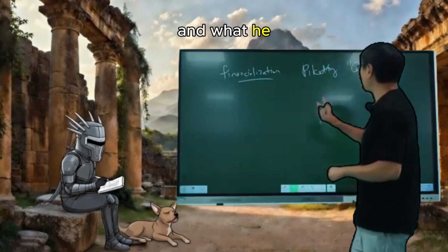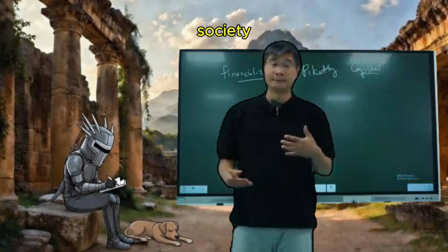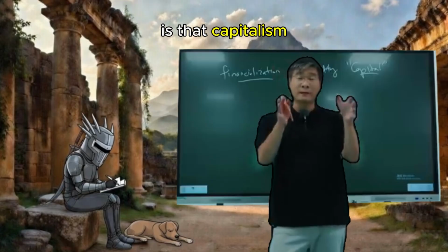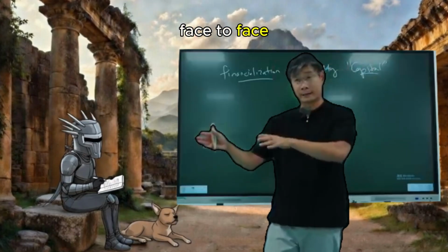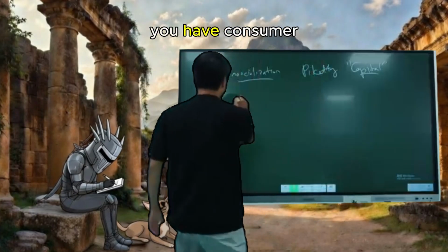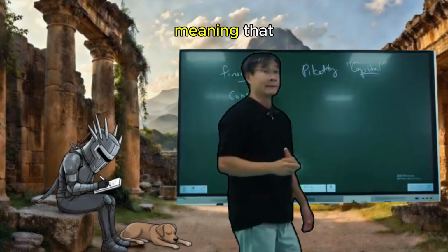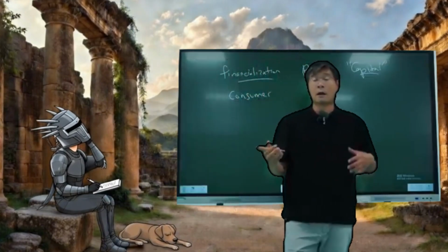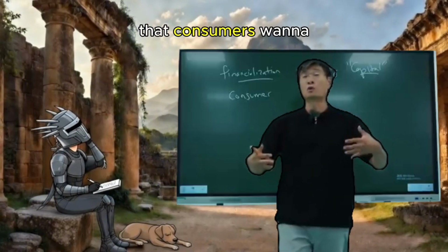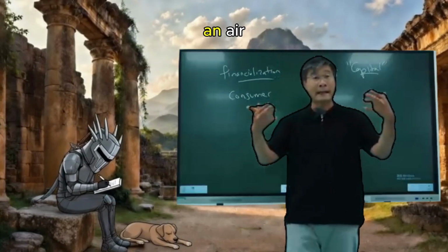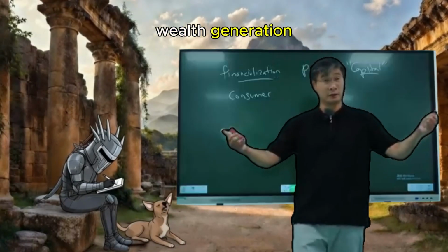And what he argues is that what happens in society is that capitalism transitions from phase to phase to phase. In the beginning, you have consumer capitalism, meaning that what the society is trying to do is create goods that consumers want to buy. This is an era of rapid wealth generation.